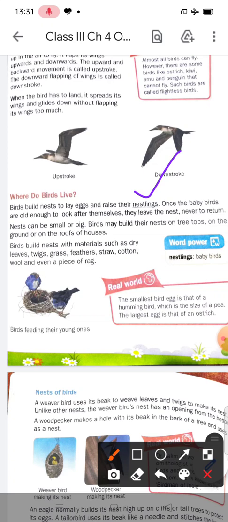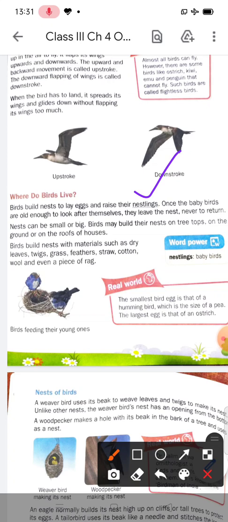What is the meaning of this word nestling? Yes students, baby birds. Birds take care of their baby birds, and once the baby birds are old enough to look after themselves, they leave the nest and never return.